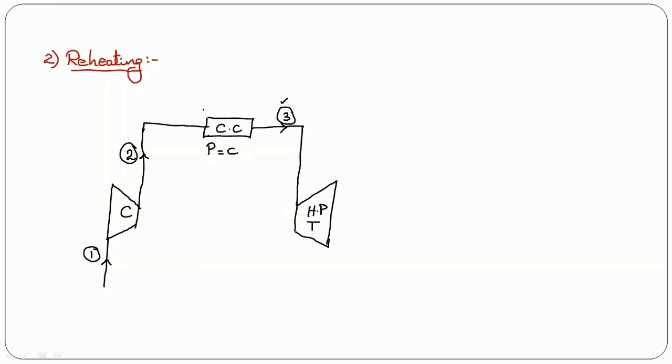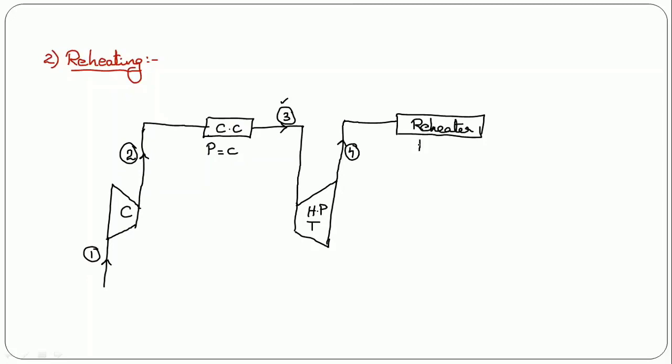So here P2 equal to P3, which is the highest pressure of the cycle. At the highest pressure, air is entering the turbine, so this turbine is named the high pressure turbine. Now in this high pressure turbine, air gets expanded from 3 to 4 and enters a device called the reheater.